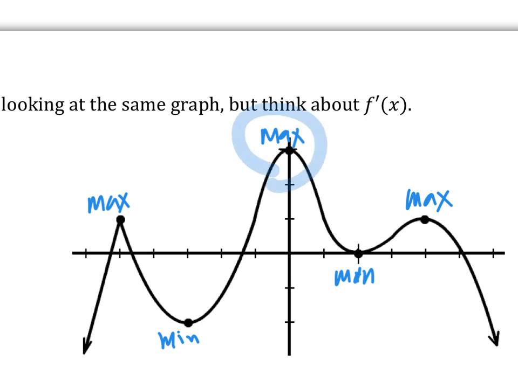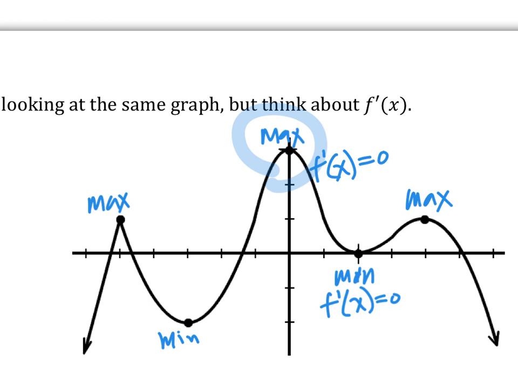What would be the derivative at this point? So derivative, remember, means the slope of the tangent line. So this tangent line would be a flat line there. So then what would be the derivative? That would be 0. What about this point here? What would be the derivative? That would also be 0.